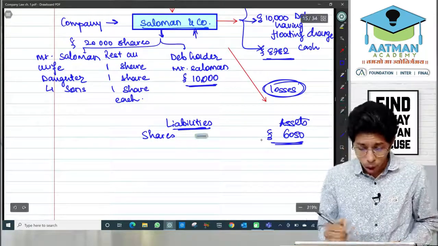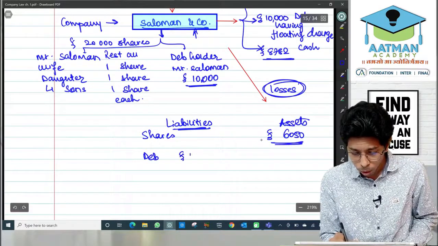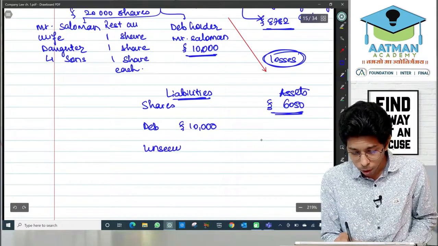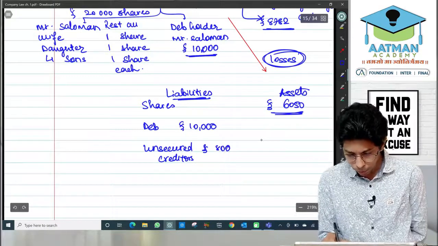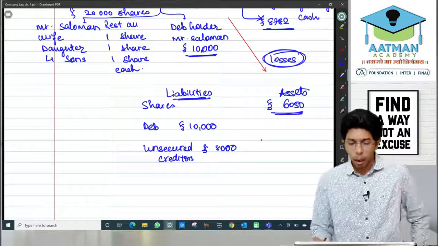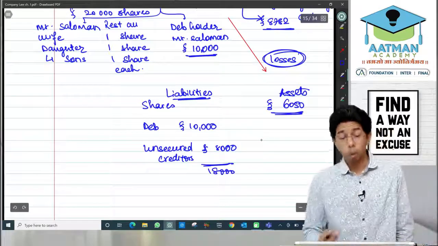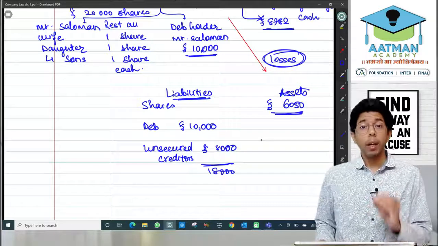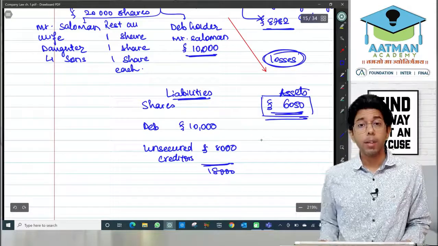Apart from shares, they have the liability of debentures of pound 10,000 and unsecured creditors of pound 8,000. So outsider liability is around 18,000 pound, and against it we have assets of 6050.